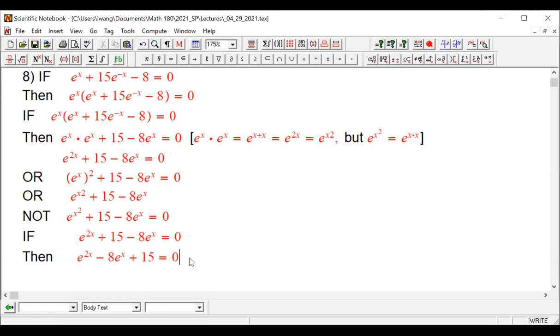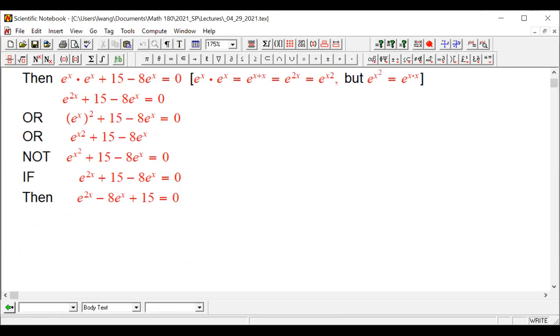Continue on with these if-thens, and then you say, if this is true, then you see there's a lot of repetition.